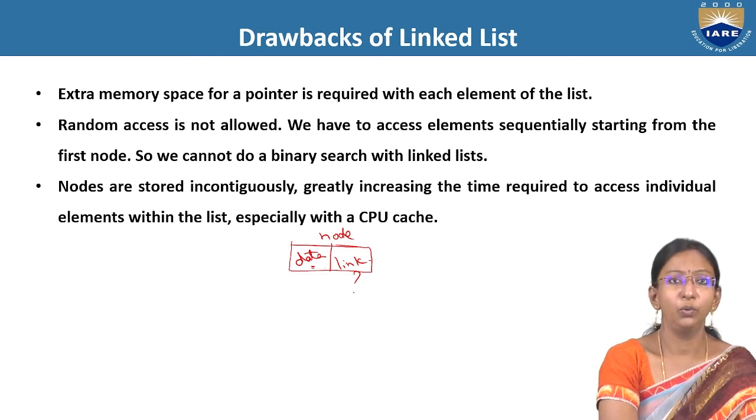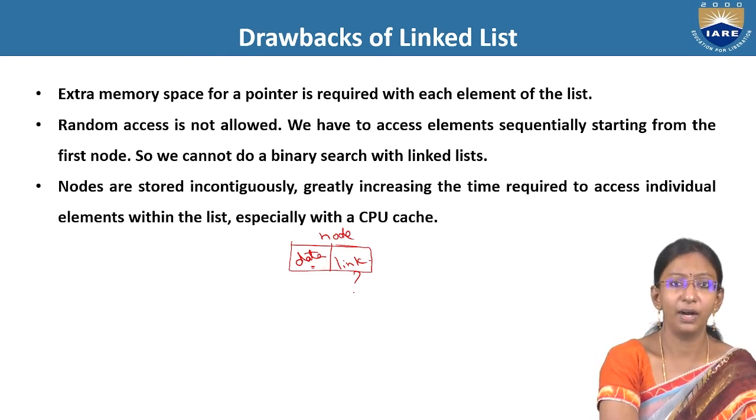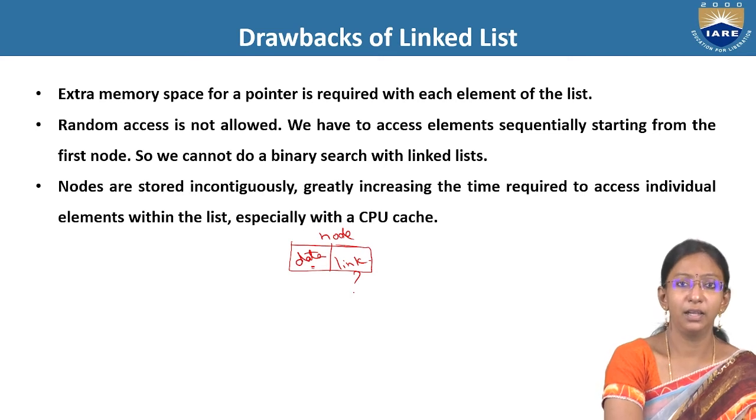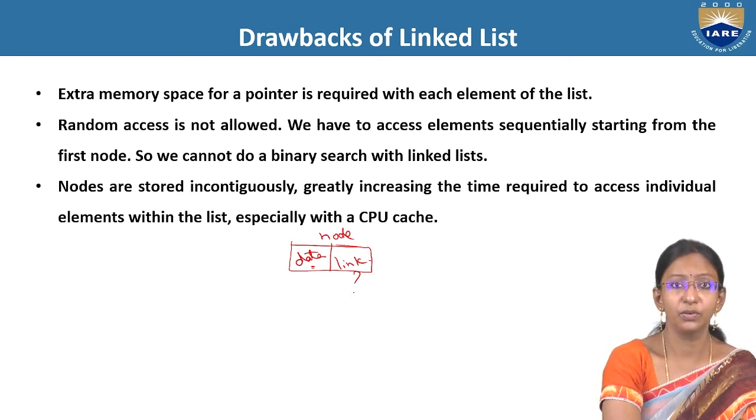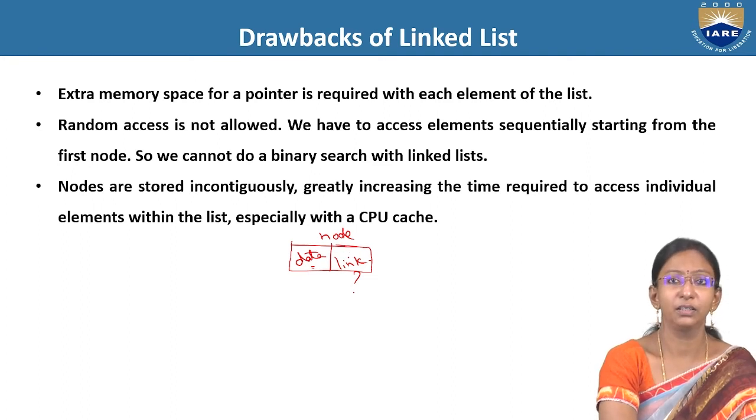So the amount of memory required by the node to store the address is high. Say the link, that is the address, needs 4 bytes, and if you have 4 such nodes, then 16 bytes will be used.